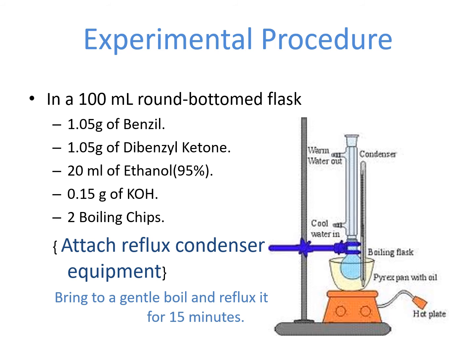So in the experiment, we'll be adding 1.05 gram of benzil and 1.05 gram of dibenzyl ketone, followed by 20 ml of ethanol, our solvent, and the base, which is potassium hydroxide, exactly 0.15 gram, followed by 2 boiling chips, because the experiment is going to be conducted in a reflux setup, and for the instrument to be safe, we need boiling chips.